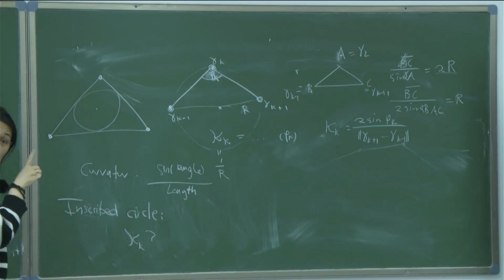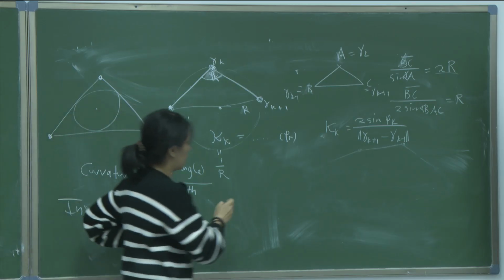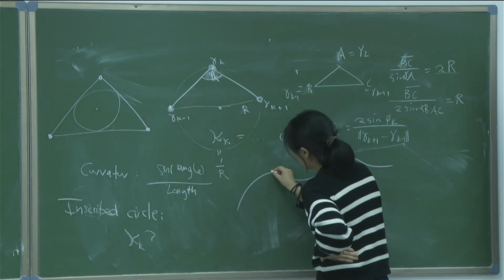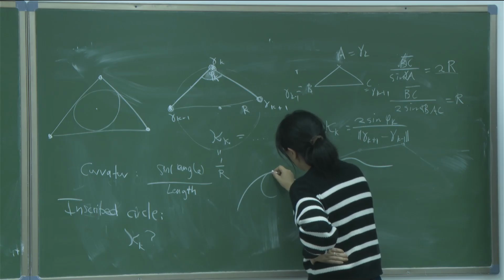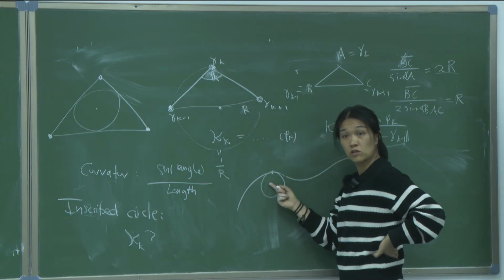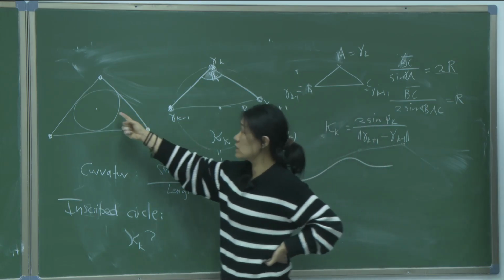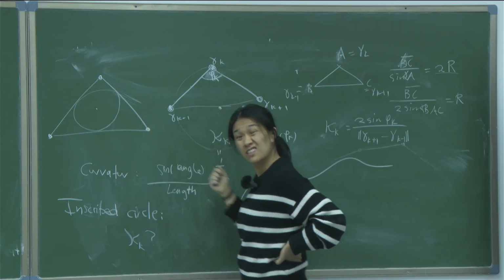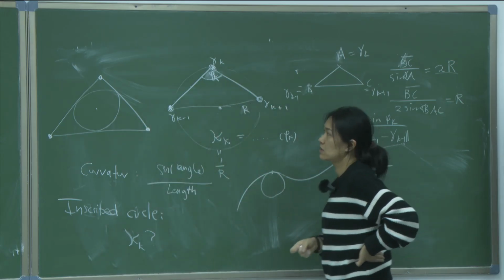It is more natural from the curve point of view, right? Because before, when we had a smooth curve, we were also doing some type of inscribed circle. So this one is slightly more natural in this sense, okay?